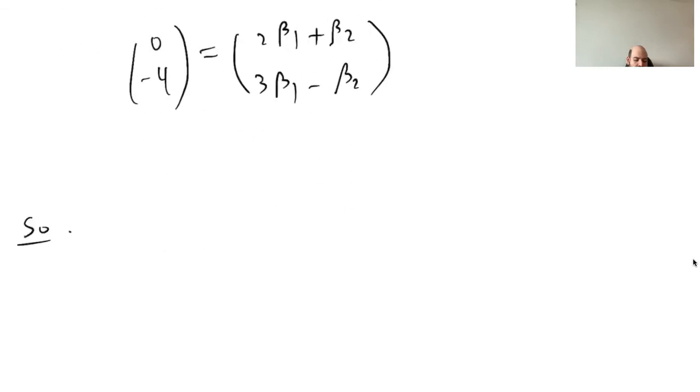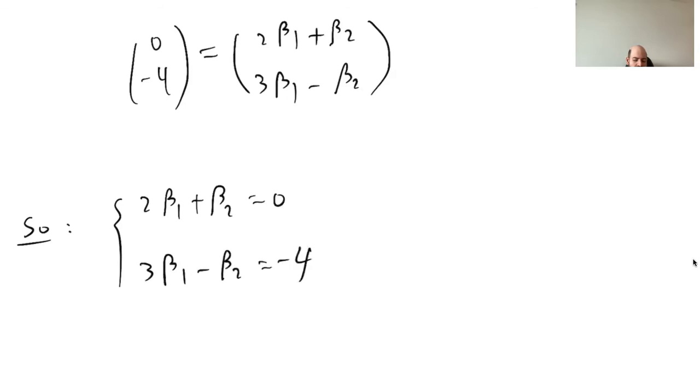So we can say that 2 beta 1 plus beta 2 equals 0, and 3 beta 1 minus beta 2 equals -4. This gives me beta 2 equals -2 beta 1.